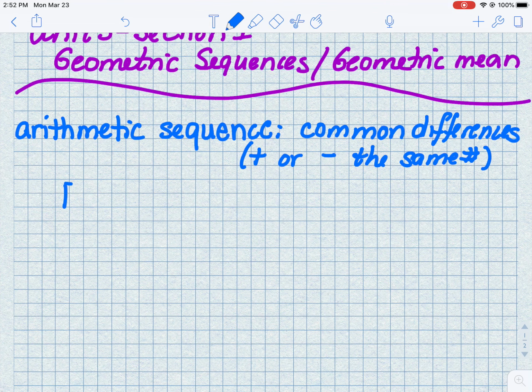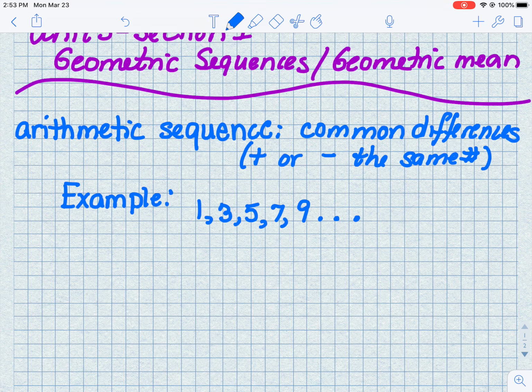So let's look at an example of what I mean by that. If we have 1, 3, 5, 7, 9, and I wanted to figure out what is the arithmetic sequence going on here, what is our common difference?